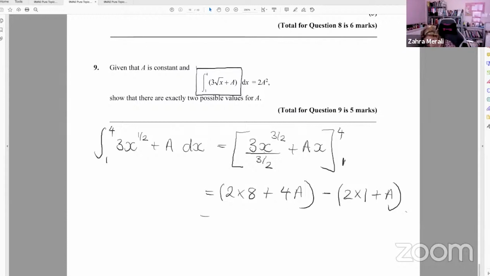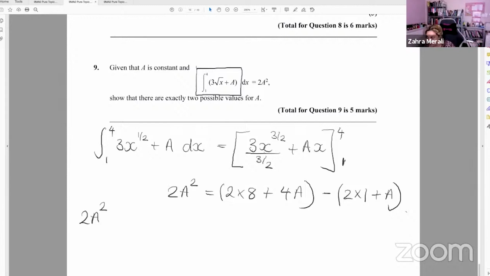And so that gives me 16. Let's do it this way. We know that all of this, let's just put it all in one go, is equal to 2a squared. So we get 2a squared, and so we're going to get minus 16, so 16 minus 2, which is 14.